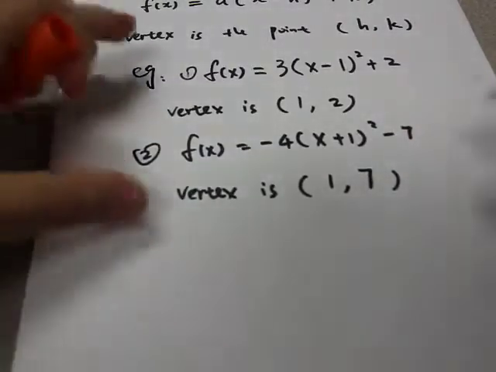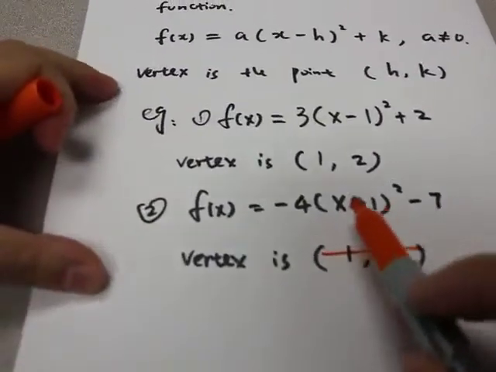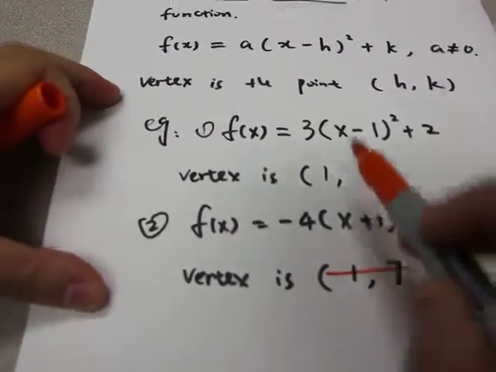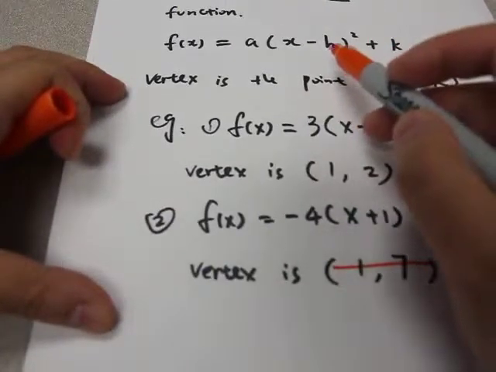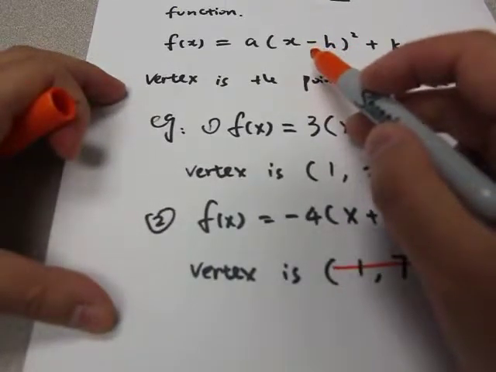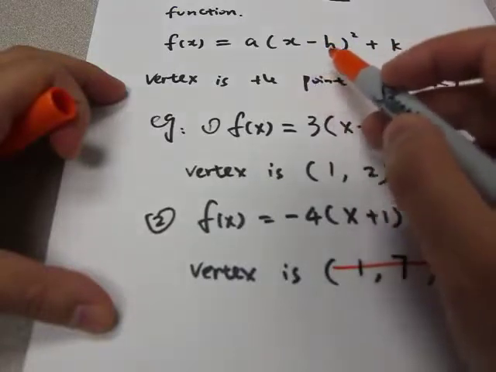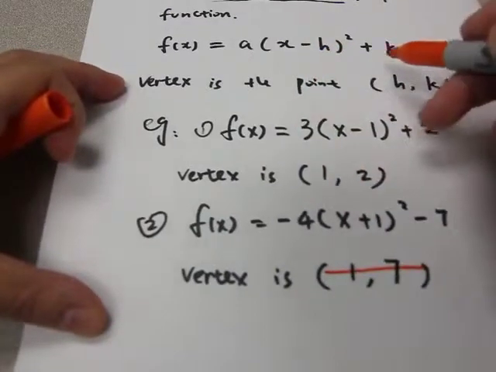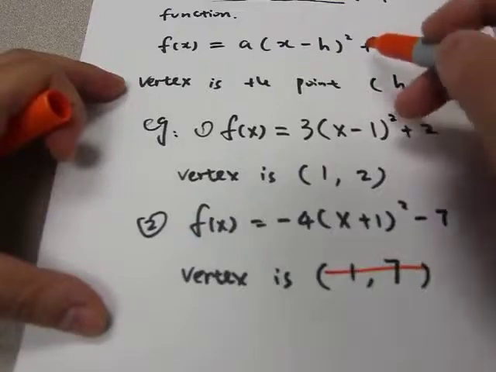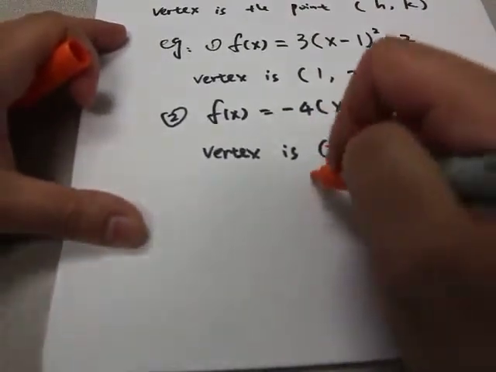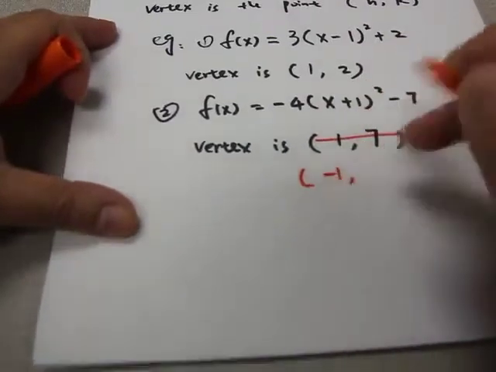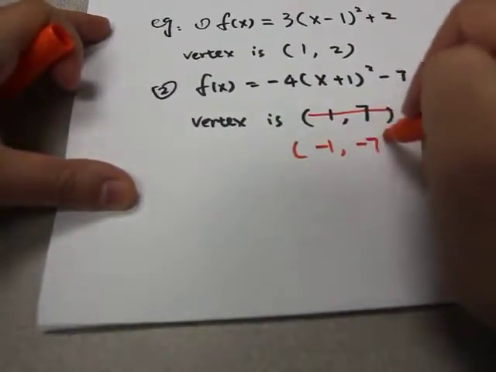If we compare this function with the standard form, you will see h is the number after the minus sign, and k is any number after the square. So in this case, the vertex is (-1, -7).